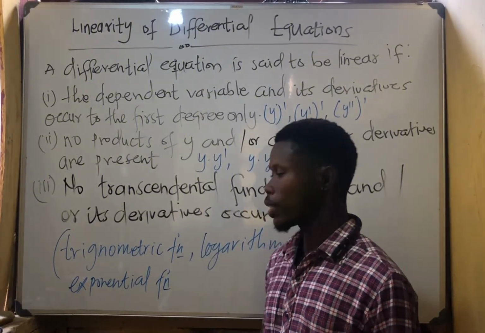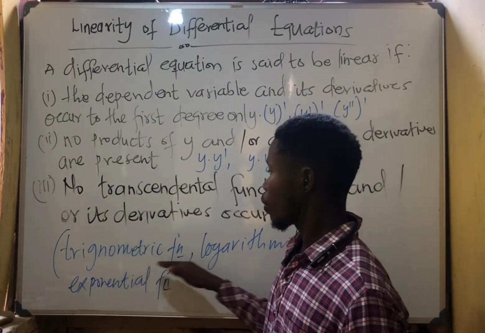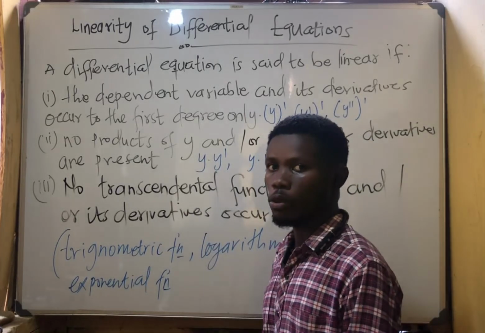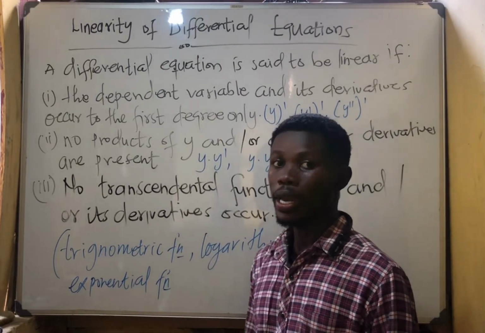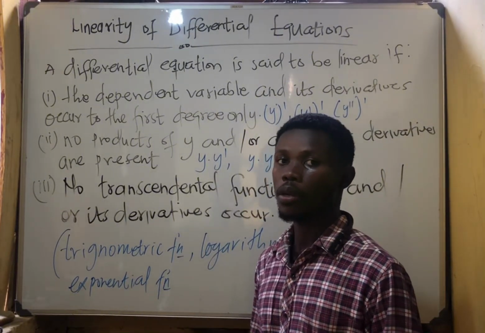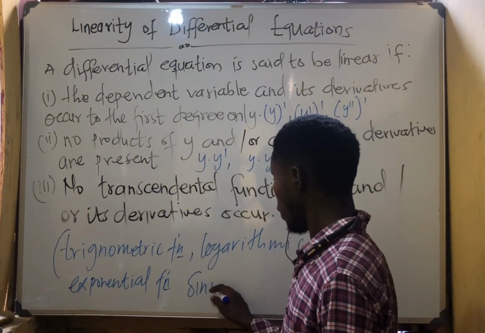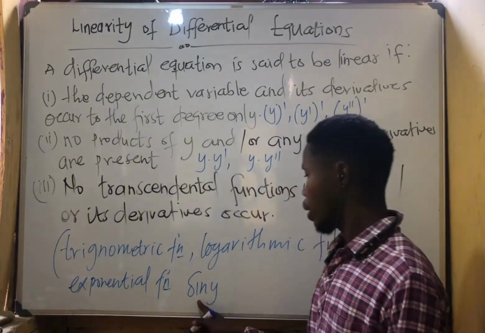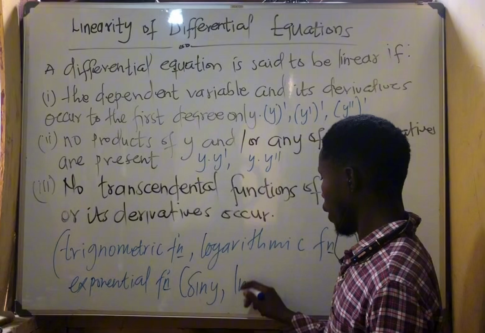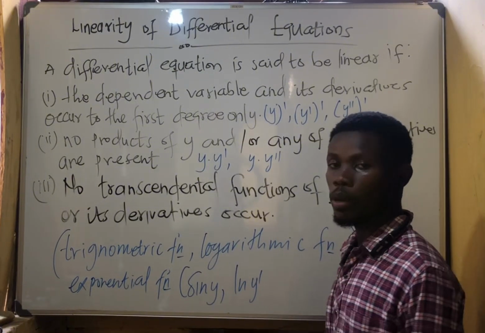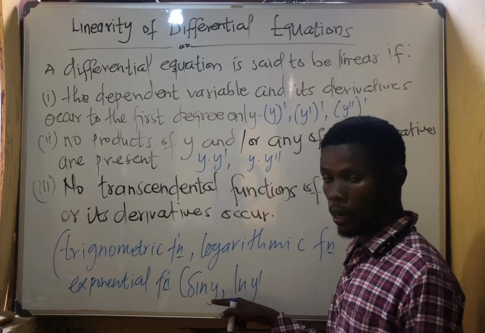And we are saying that there's no way that this trig function appears in the differential equation on the dependent variable, and that thing can be regarded as what? Linear. Anything something like that happen becomes what? Non-linear. So example is, if I have sine y, it makes the whole thing become non-linear. If I have ln y prime, it makes everything become non-linear. So whether it is on the derivative or on the dependent variable.